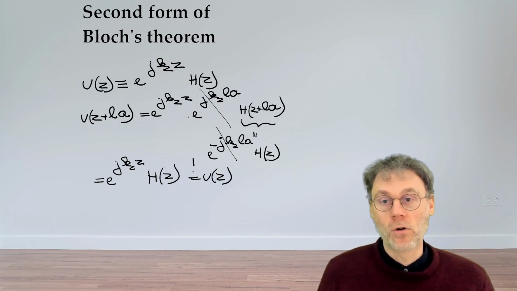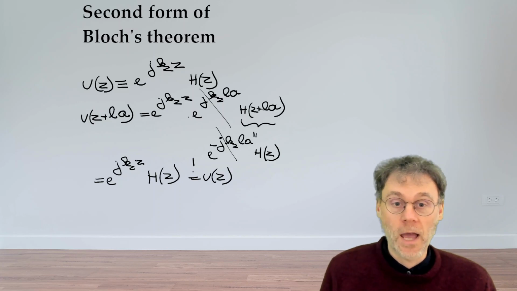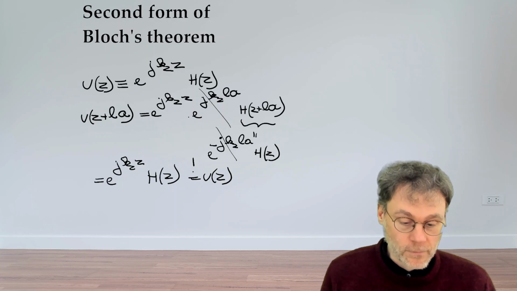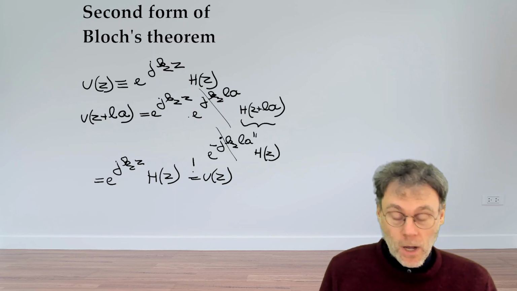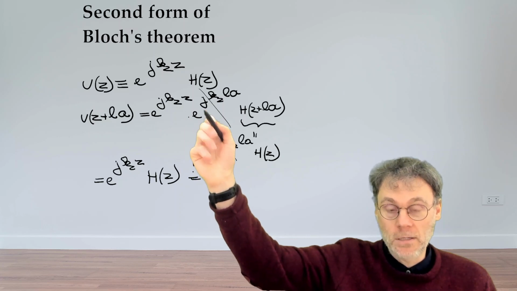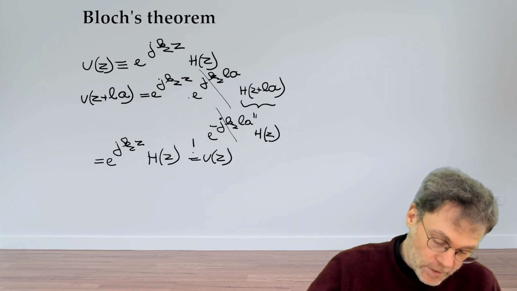So now what we've shown is that this function u that we've defined actually has the same periodicity as the lattice. Okay, now it's just a matter of taking that equation and reformulating this a little bit to bring h of z to the left-hand side.